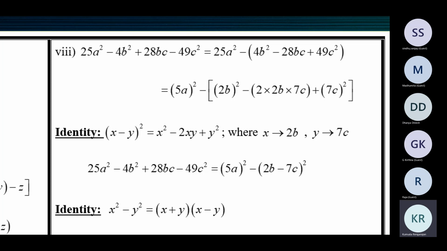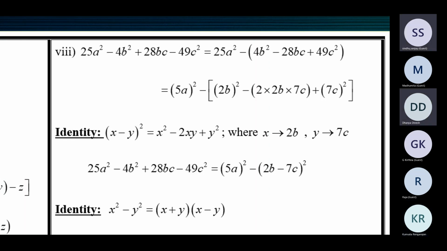Now you have 2b and 7c. What is 2 into 2b into 7c? 2 into a into b is 2ab. So 2 into 2b into 7c, don't we get 28bc?